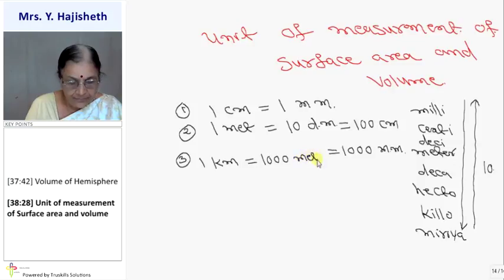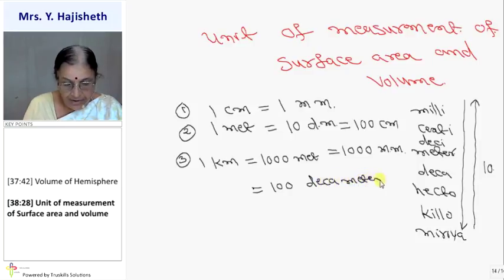Okay. Then 100 decameter. And 10 hectometer. Okay.